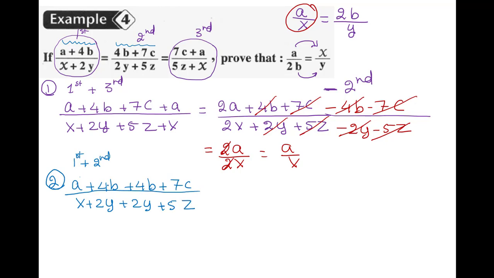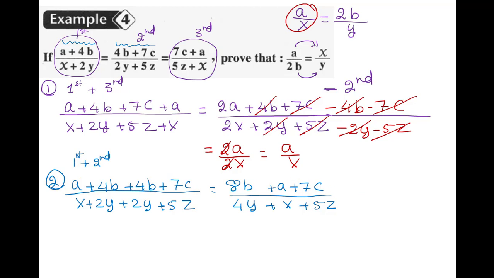I want to keep the b and to keep the y. So this will simplify to 8b plus a plus 7c over 4y plus x plus 5z.